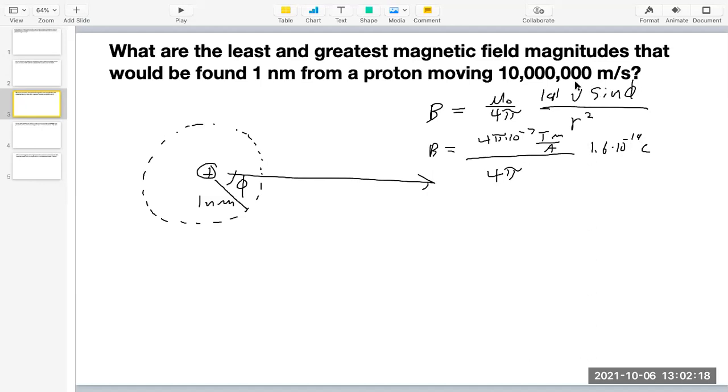Our velocity, 10 to the 7th meters per second. And our distance is 10 to the minus 9 meters.